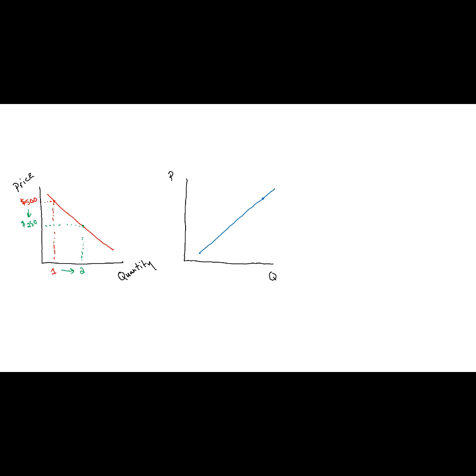So suppliers are made up of companies that are willing to produce goods and services. And so if the price is high, say $500 again, suppliers are willing to provide a high quantity for that, which makes sense. If you can sell the same product for a much higher price, you're wanting to sell more of those. And then likewise, if the price falls, then producers are less likely to produce that product because you don't make as much profit.